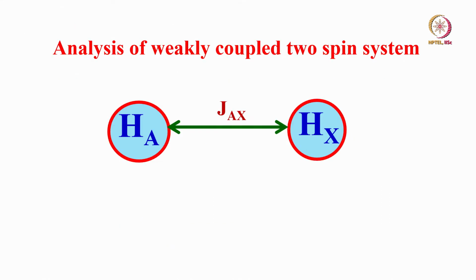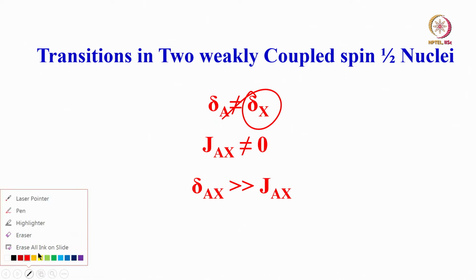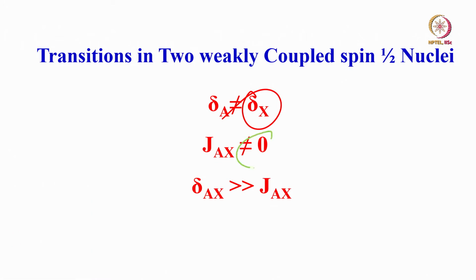Now I will consider the example of a two weakly coupled spin system, in which case A is coupled to X. The coupling constant is JAX. Since I said AX, the chemical shifts are not the same. The chemical shift of A is not equal to the chemical shift of X, and similarly JAX is also not equal to 0, because as I said this is non-zero, and delta AX is very much larger than JAX, because I call it weakly coupled.